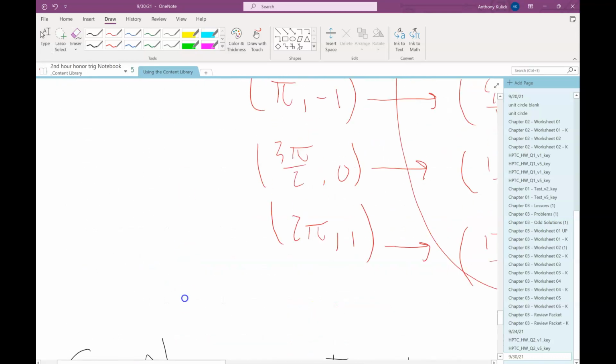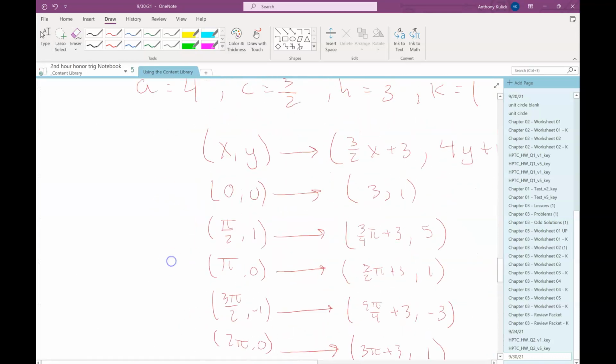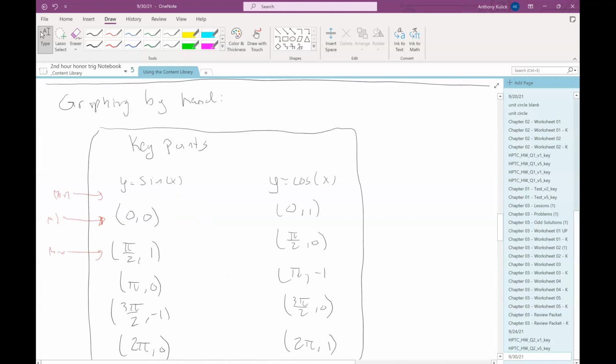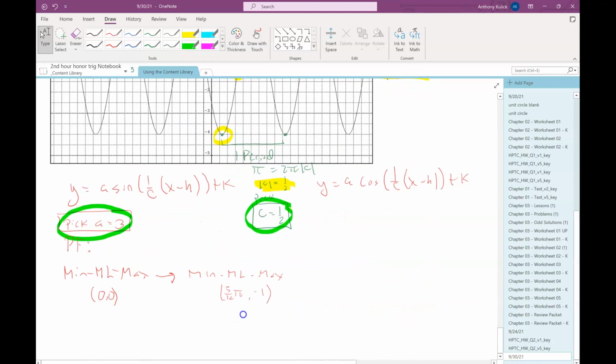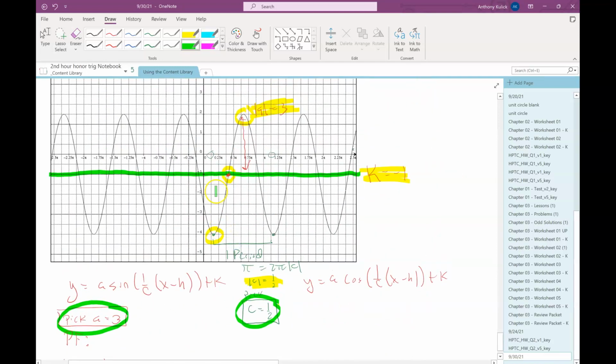In my parent function, if I'm using the point 0, 0, immediately preceding 0, 0 would have been a minimum. 0, 0 is on the midline, and then I'd have a maximum after it. So when I choose a point to use in my transformed function, like this point here, I chose it because a minimum precedes it and a maximum follows it.